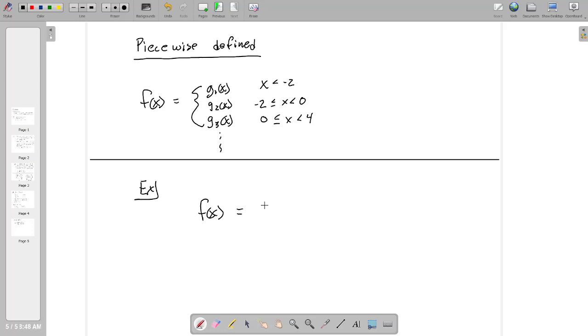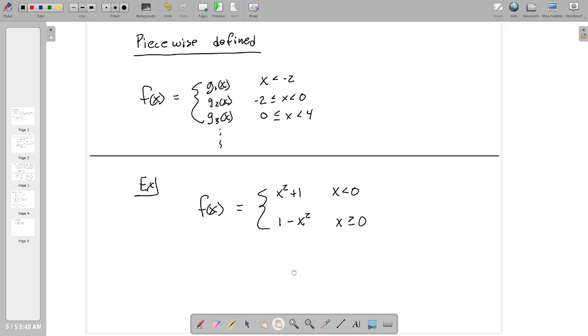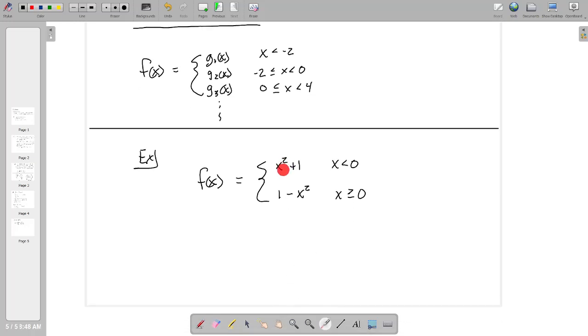Suppose we have the function f of x is equal to x squared plus 1 when x is less than 0, and 1 minus x squared when x is greater than or equal to 0. So here, x squared plus 1 would be like our g1 function. X is less than 0 is the condition, the first condition on x.